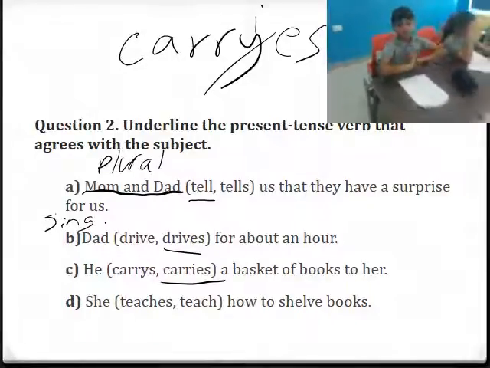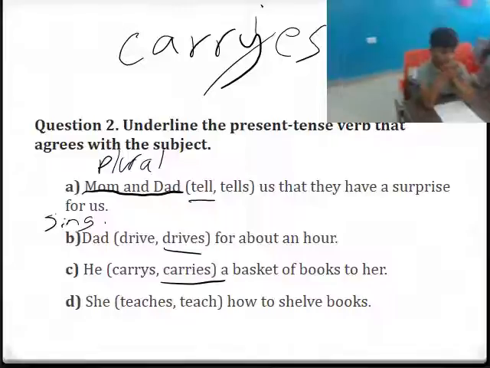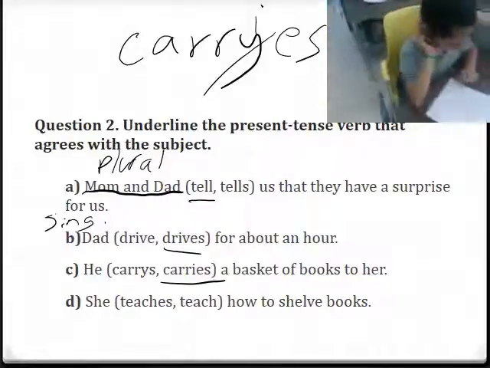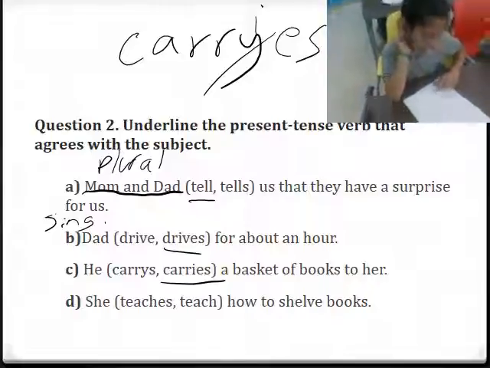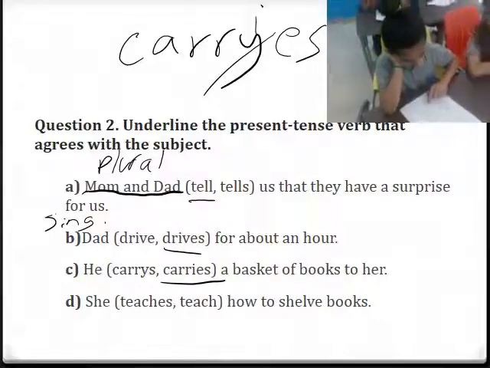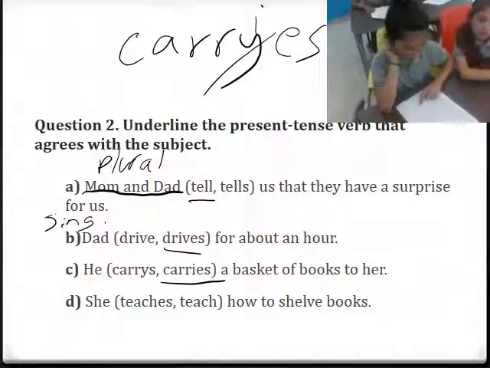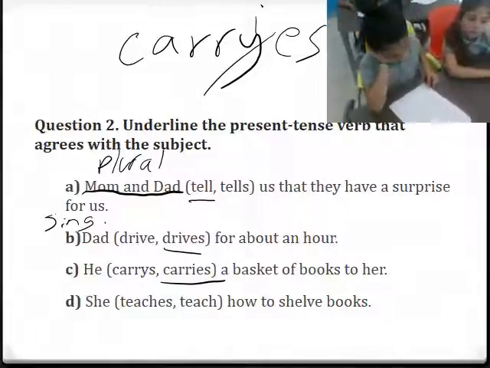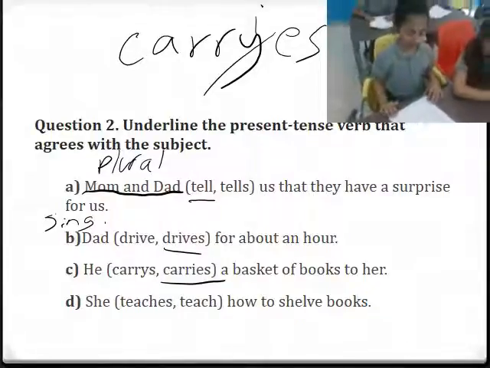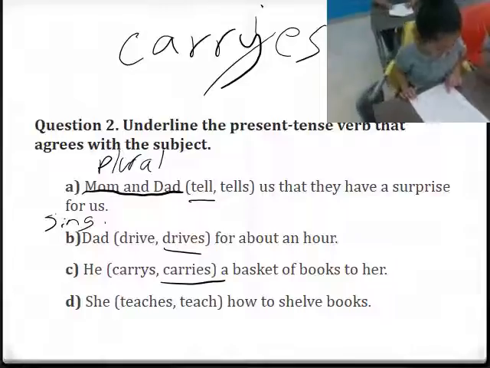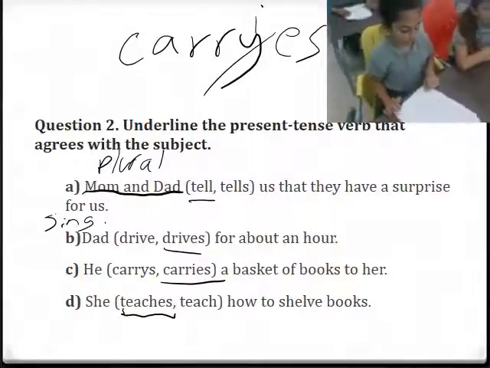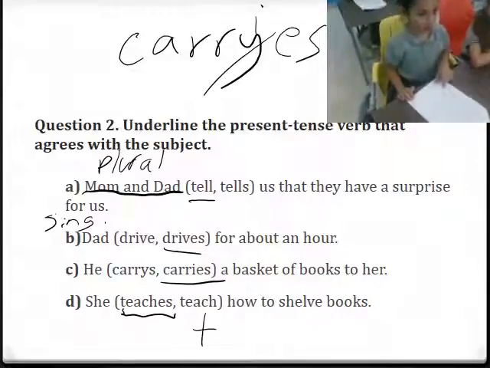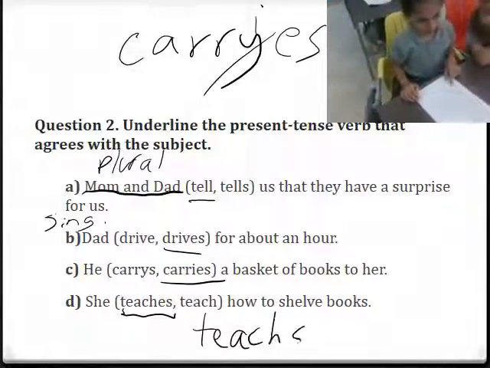Yes, D. Sabine, read D. She teaches or teach how to share books. Yes. Teaches. Very good. If you notice here, we added ES, not S. Why didn't we write teaches like this?